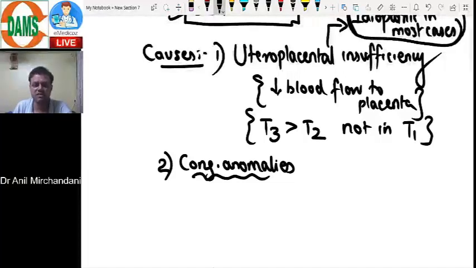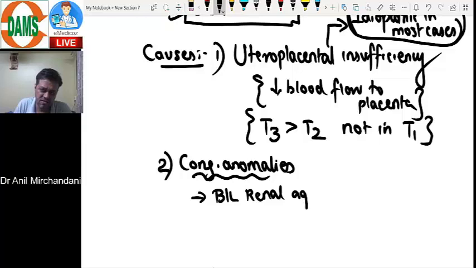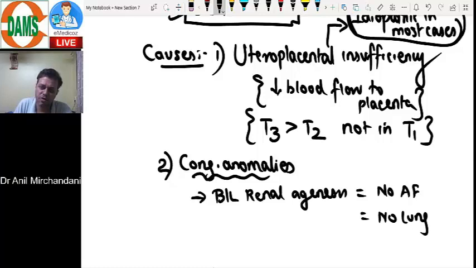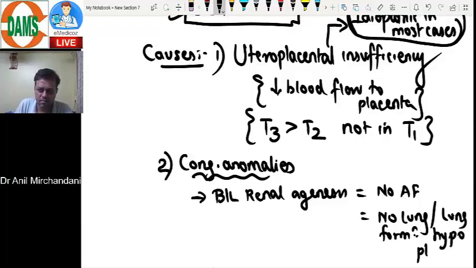So let's say there is a baby with no kidney formed. Bilateral renal agenesis. No kidneys are formed, so no amniotic fluid will be formed. Since there will be no amniotic fluid, lung hypoplasia will be there.